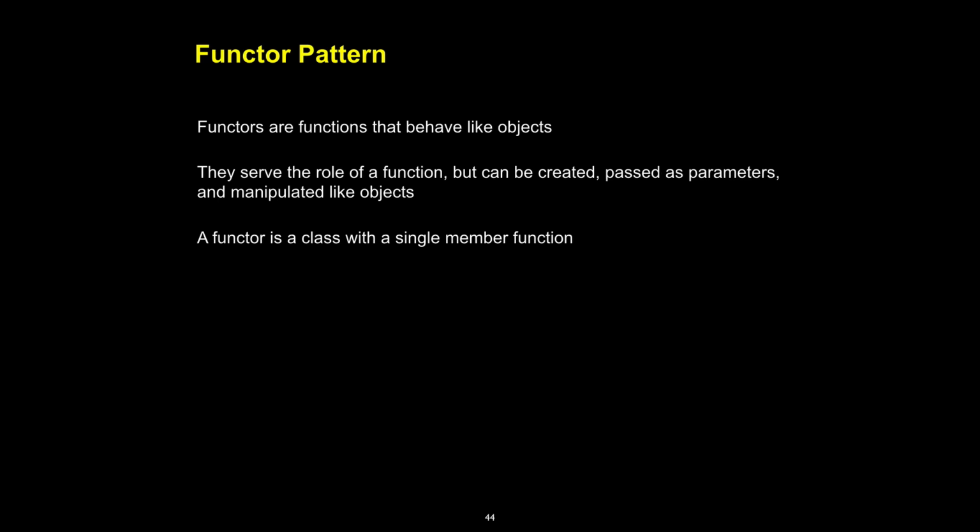People call it a functor pattern, where you have functions that behave like objects. This came early, particularly in C++, when you're wanting to pass functions around instead of objects.